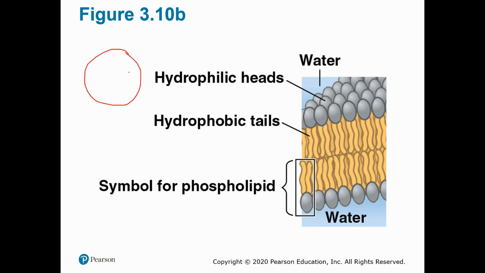What you now have is a barrier, where something that happens in a watery environment can happen on the inside versus something that can happen on the outside. And so now you can have life. This is the beginning of life. This is why lipids are important for us.